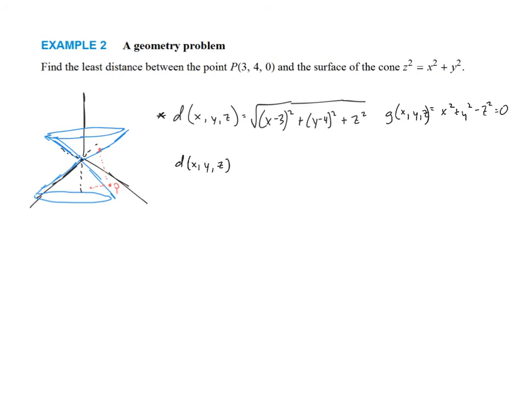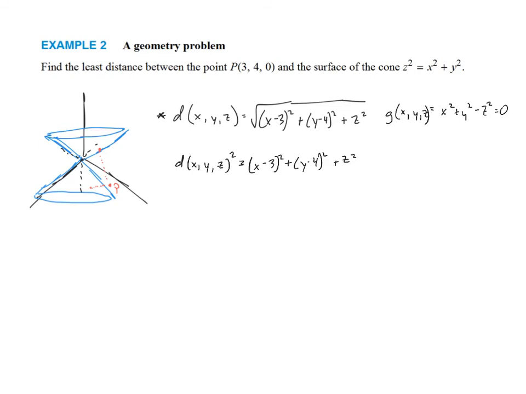D of x, y, z squared is equal to (x minus 3) squared plus (y minus 4) squared plus z squared. So we square both sides, and then we can compute the gradient. And again, the partial derivatives are significantly easier, and we don't have to worry about dealing with this gigantic chain rule. Okay, so now we'll go ahead and compute our gradient for that d function.